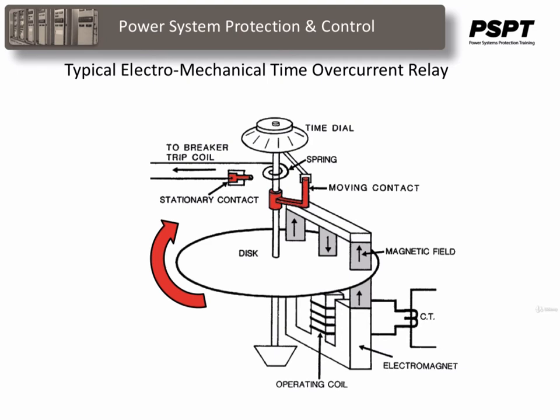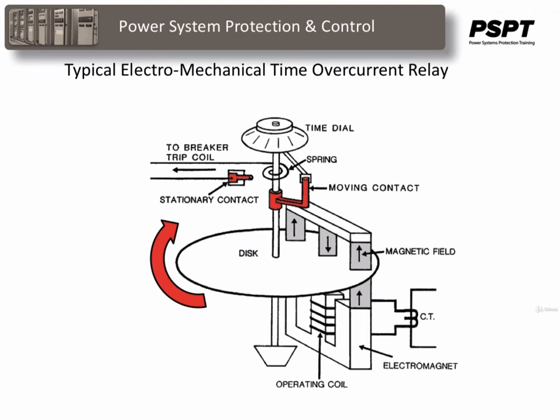The disk and its shaft rotate and bring a moving contact towards the fixed contact into a closed position. The motion of the shaft is opposed by a spring that returns the disk and the moving contact to the open position when the current drops below a preset value.